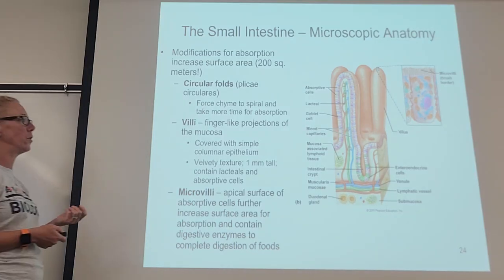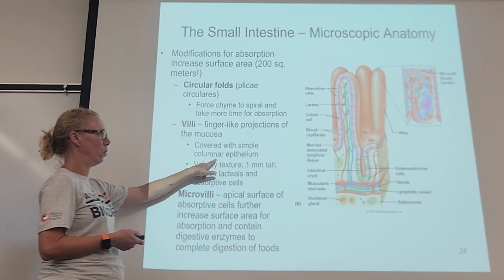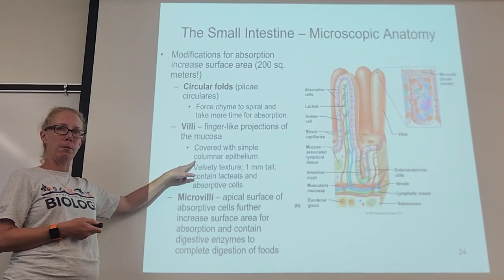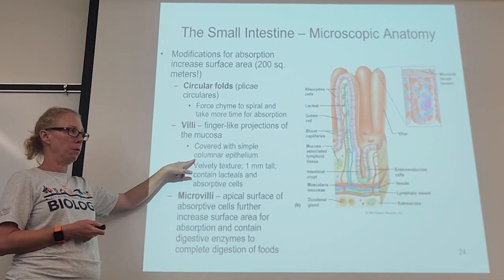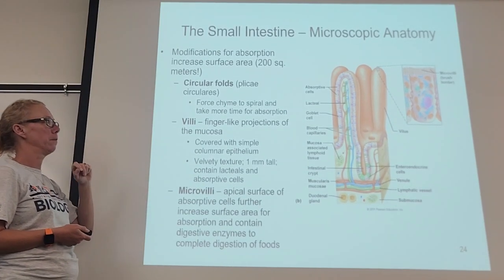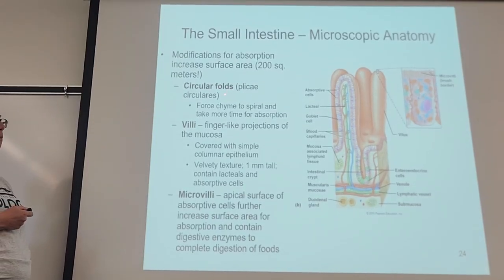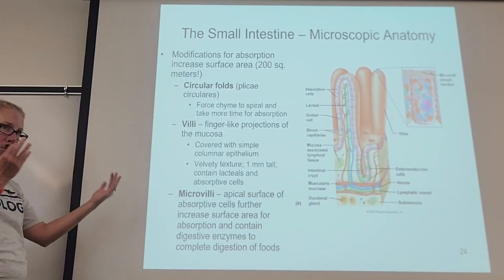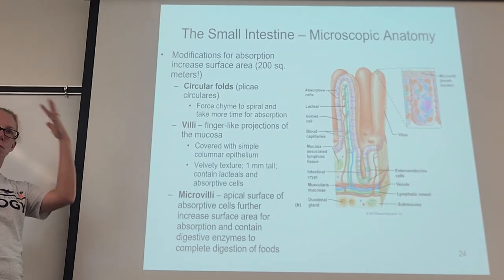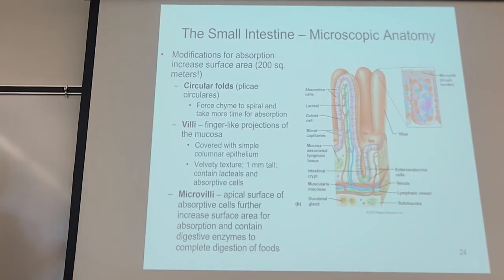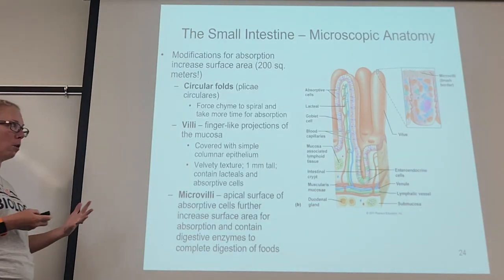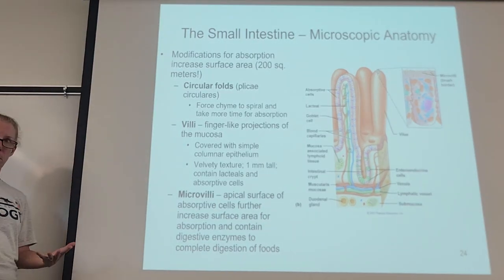Okay, so we're still talking about simple columnar here because we're talking about absorption, right? So we've switched to a single layer of cells. So those circular folds, okay, are going to force the chyme to kind of do these revolutions through it, okay, in order to promote more time for absorption.